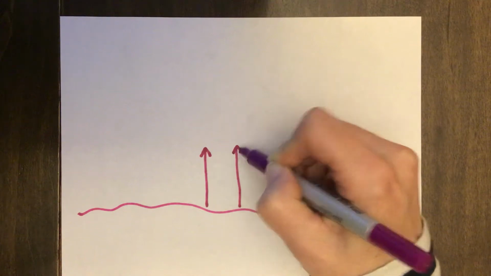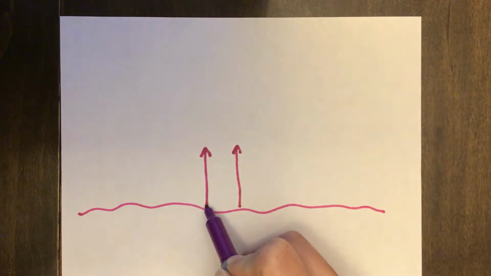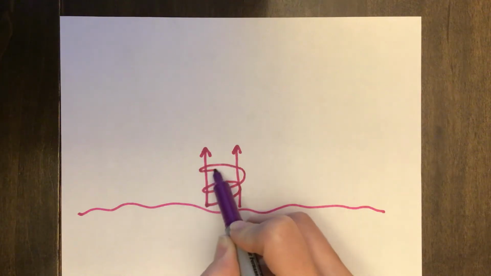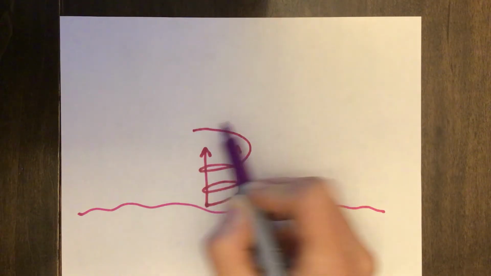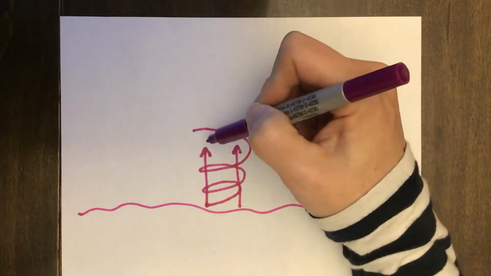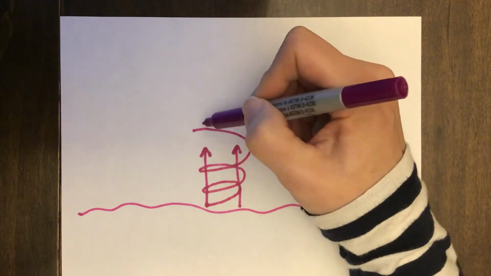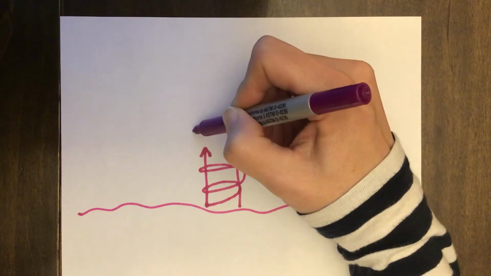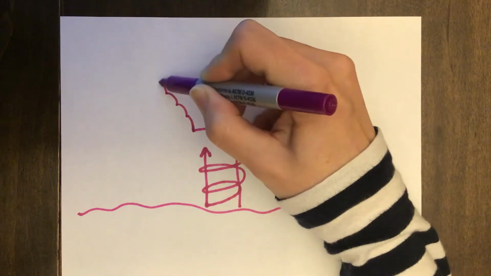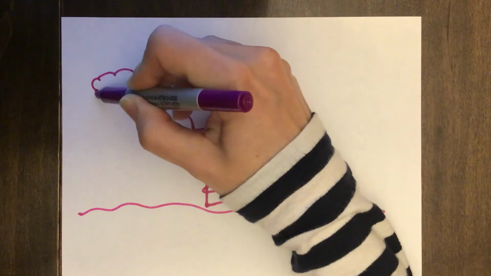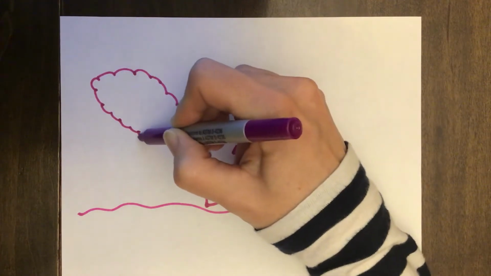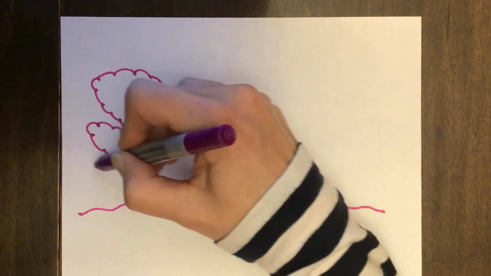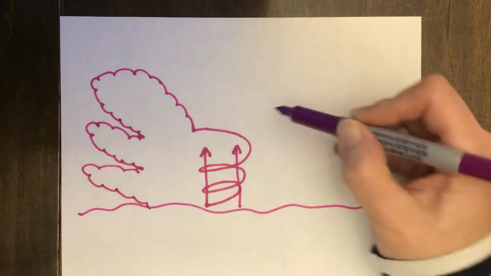Okay. And as the air rises, it travels in a circular pattern, a spiral like this as it goes up. Okay? And as it rises and cools, it begins to condense and it forms or feeds these massive cumulonimbus clouds. And as we have learned, cumulonimbus clouds can extend for quite a distance up into our atmosphere.